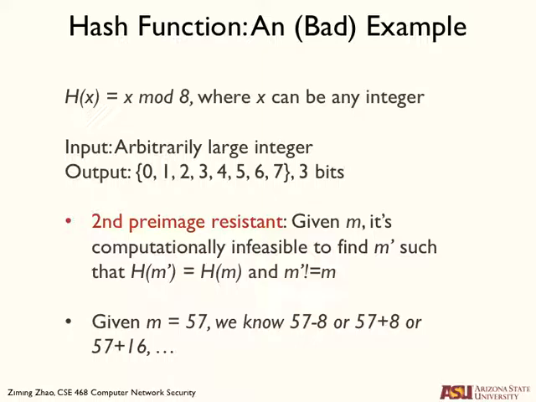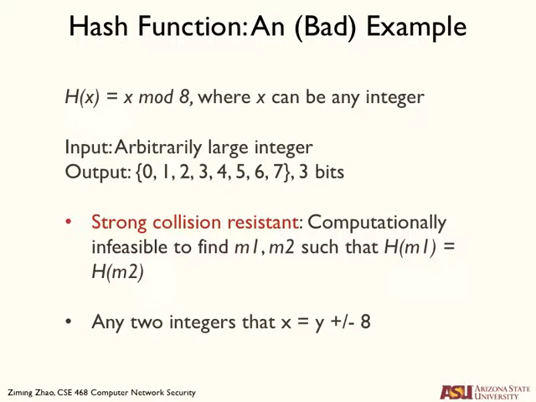So let's say we have a message which is 57. We don't even need to calculate the hash of 57. We know that 57 plus or minus 8 or plus or minus 16 will generate the same hash value. So this function cannot provide the second property.